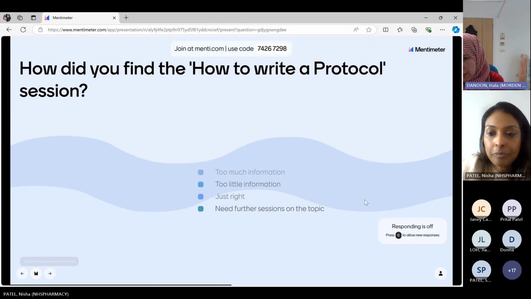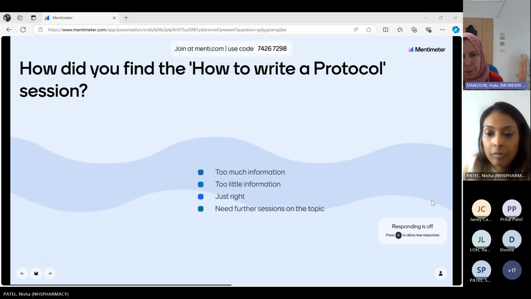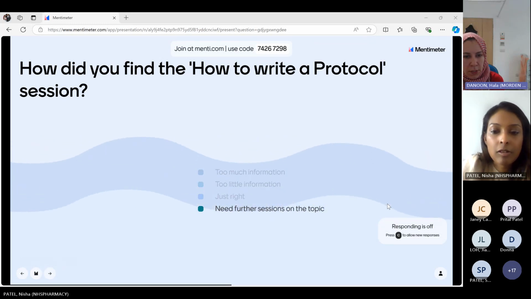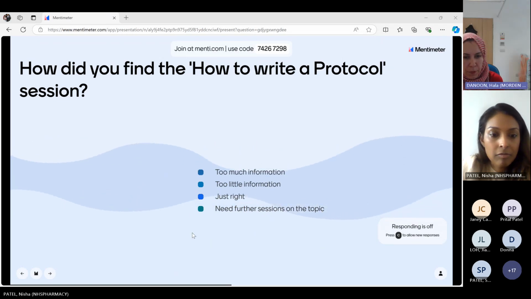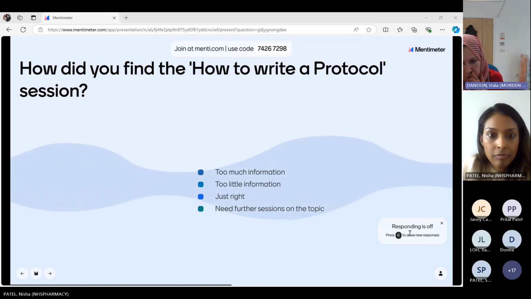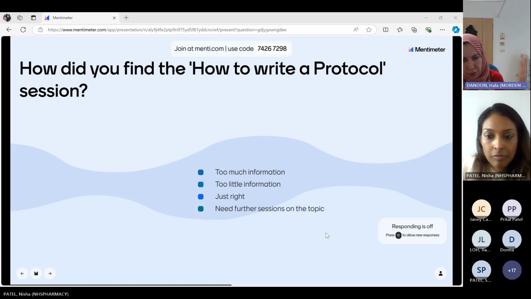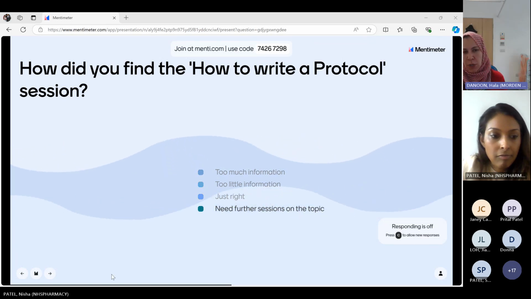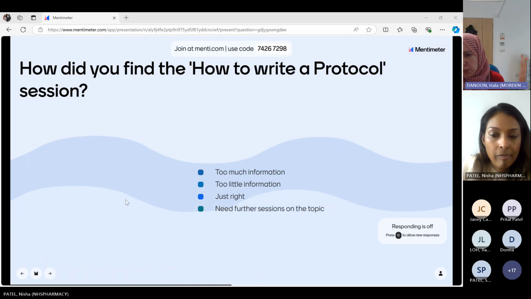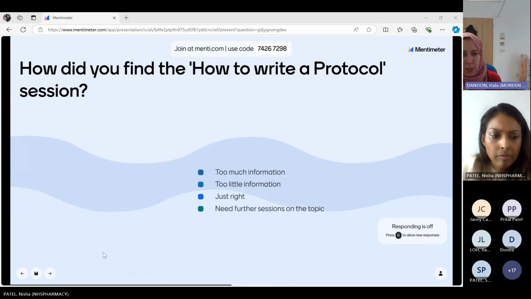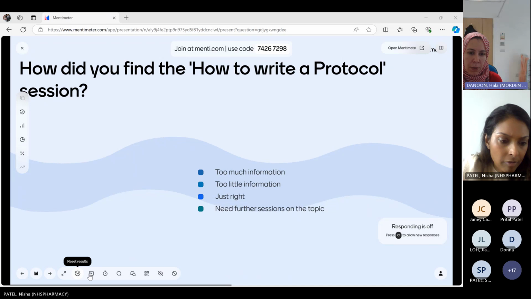For those who are remaining, if you can just let us know if you think it's too much information, too little information, just right, or need further sessions. There's no template for writing a protocol, unfortunately. As I said, it's completely different.